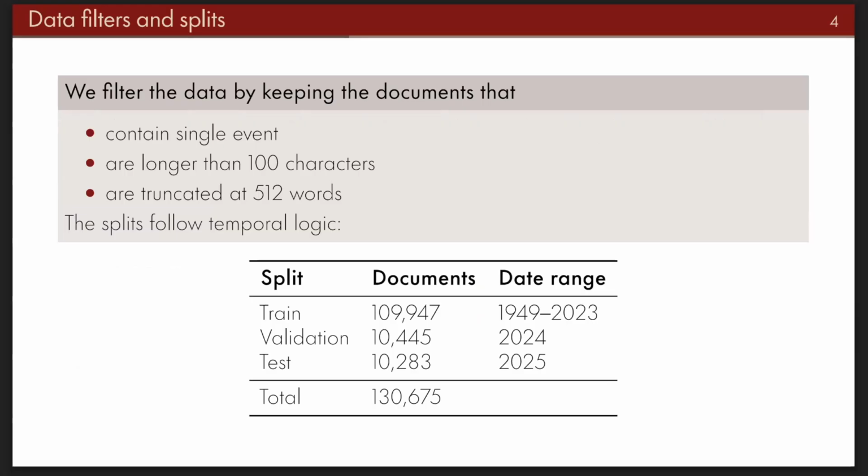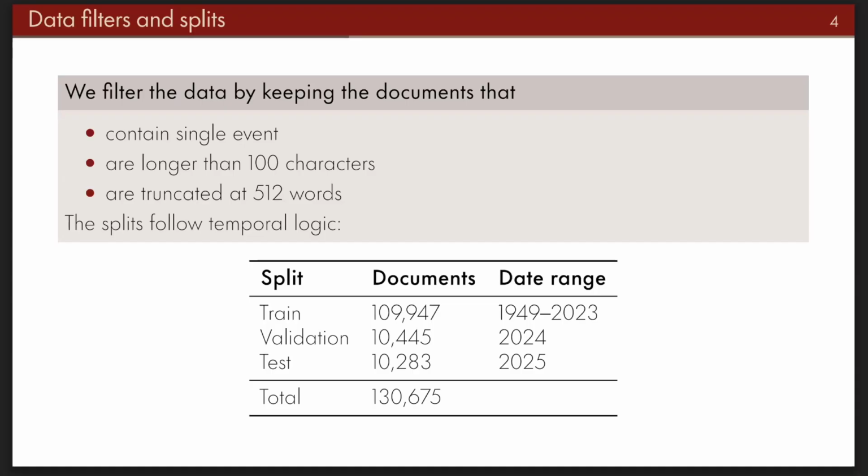For our training setup, we applied several filters to the UCDP data by keeping only documents that describe a single event, filtering out very short ones, and truncating the long ones. In order to train a model, you need several data splits, so you would split your data into training, validation, and test sets.